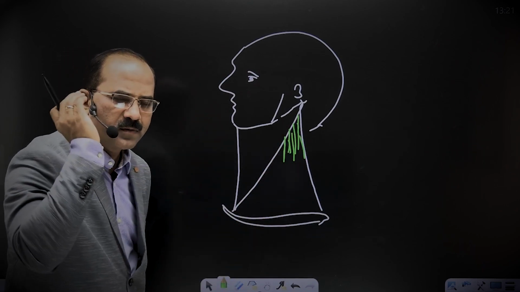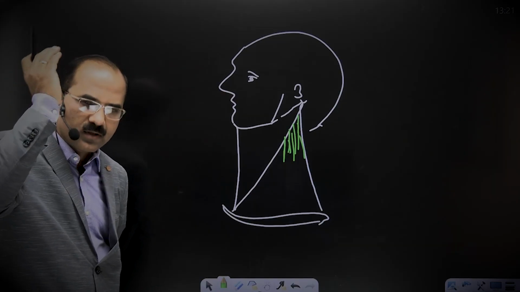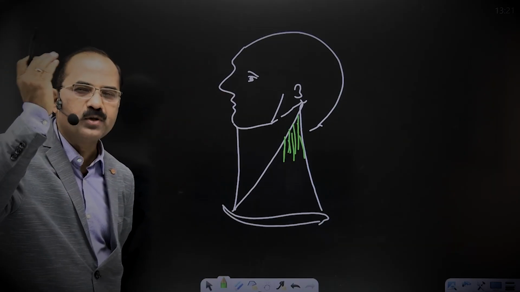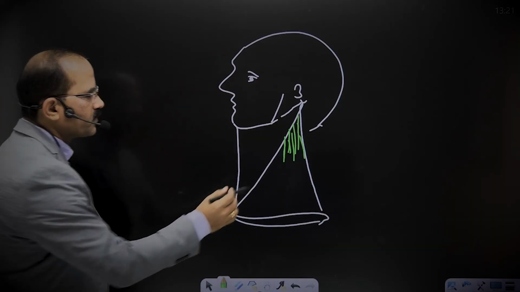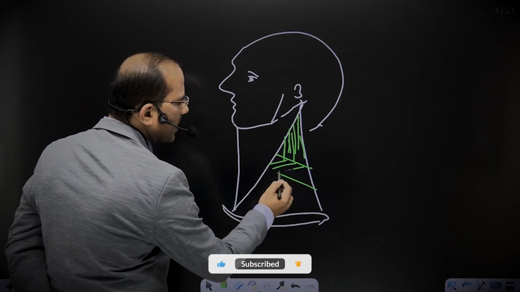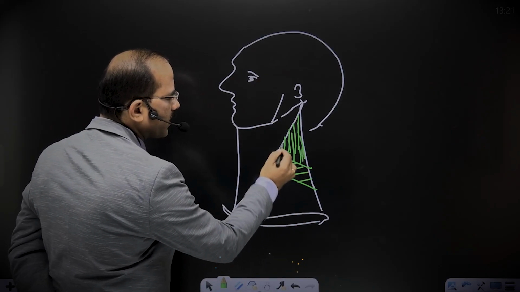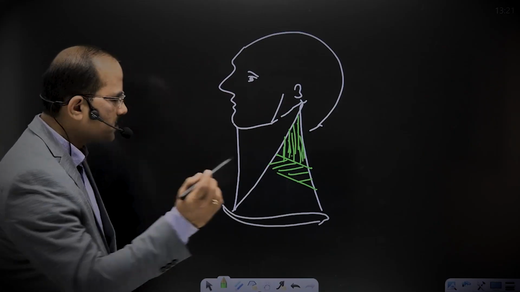This begins from the cervical vertebrae, from the spines to the occiput. So semispinalis capitis. The second muscle in sequence here is known as the splenius capitis.